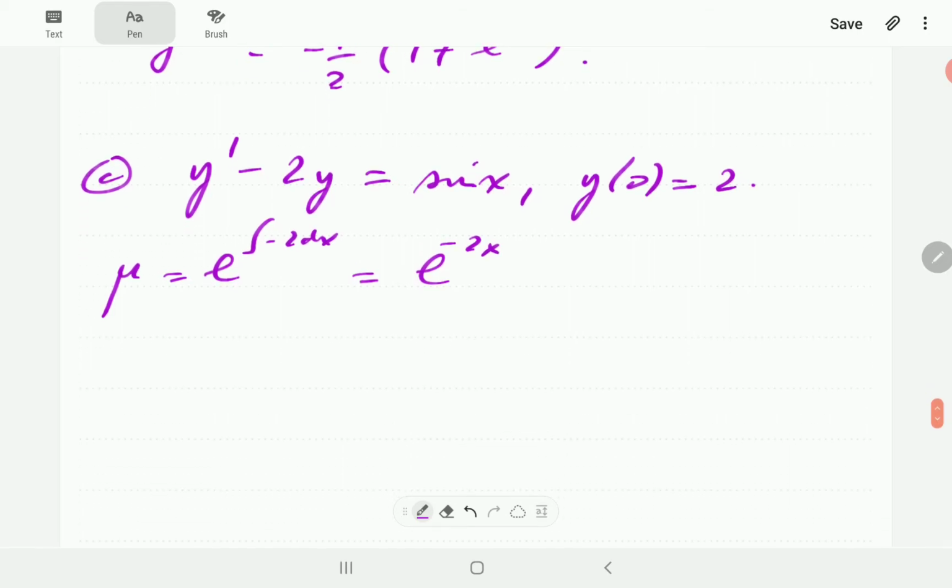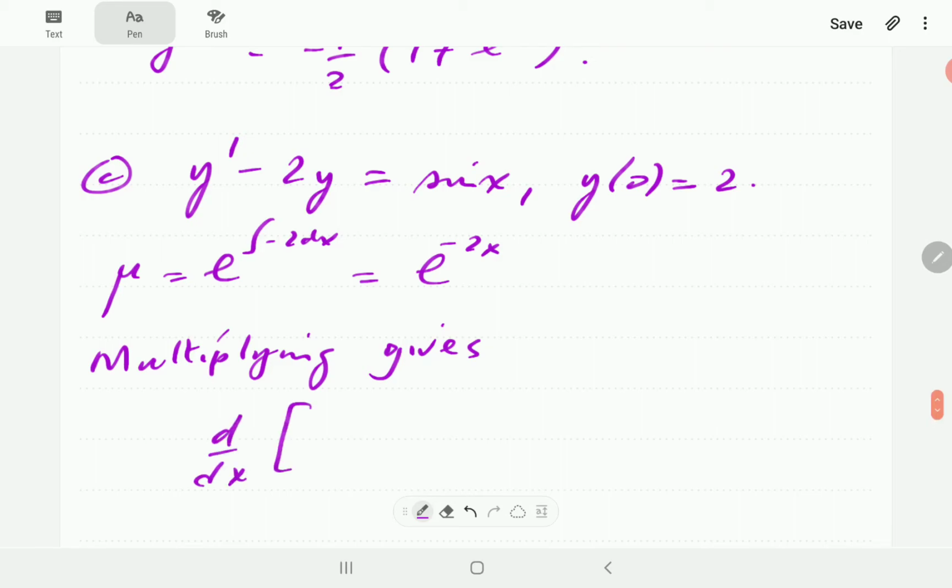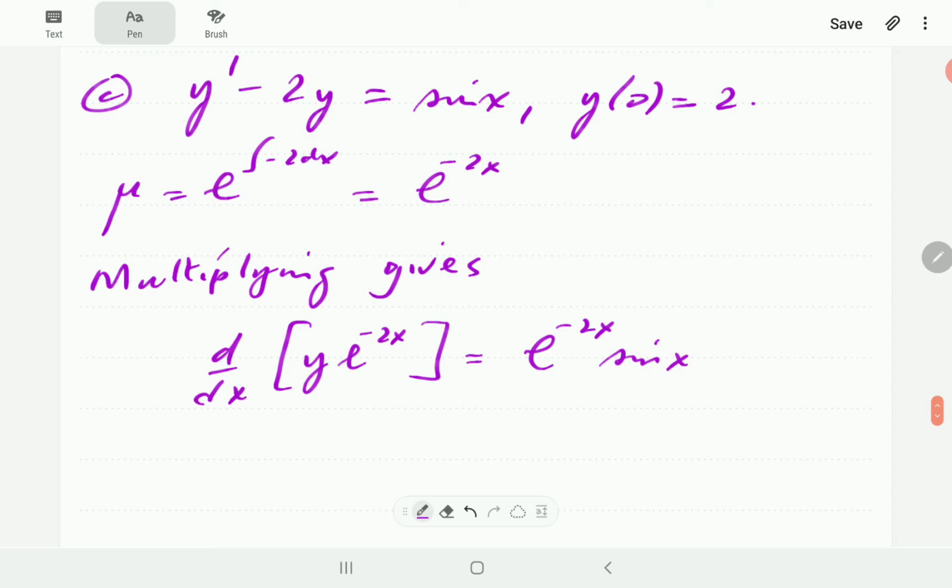So if multiplying gives, so remember the left hand side we're always going to have y times the integrating factor, and then on the right hand side that is what we are going to have.